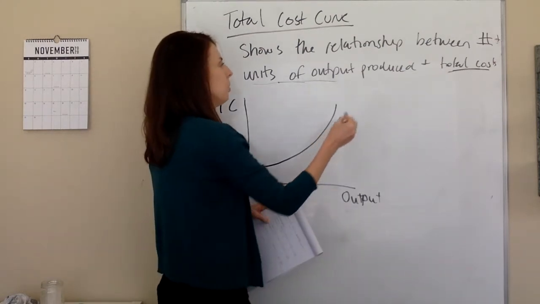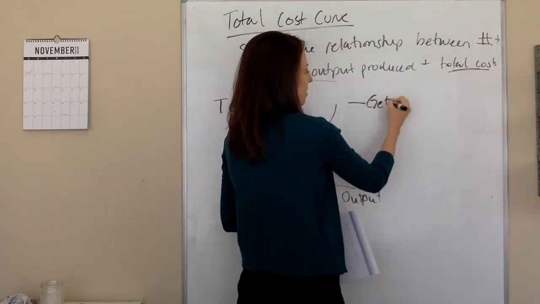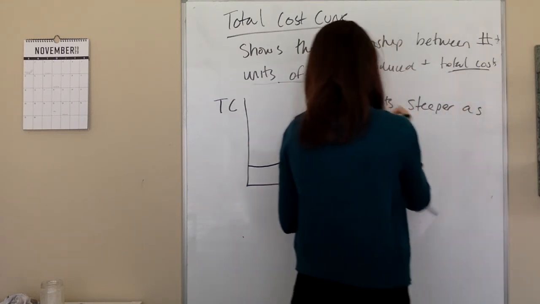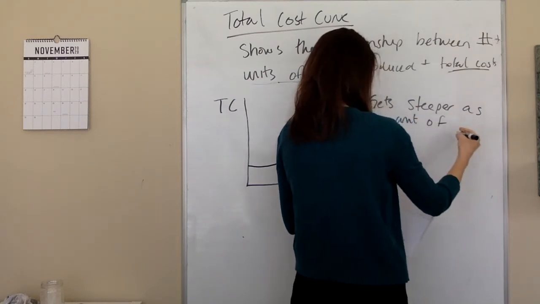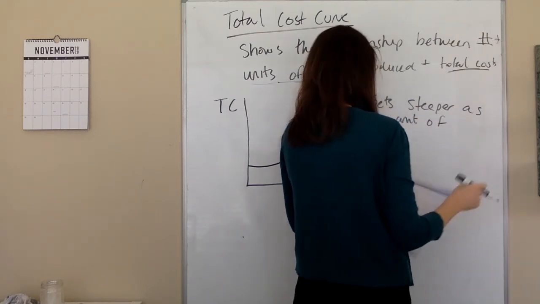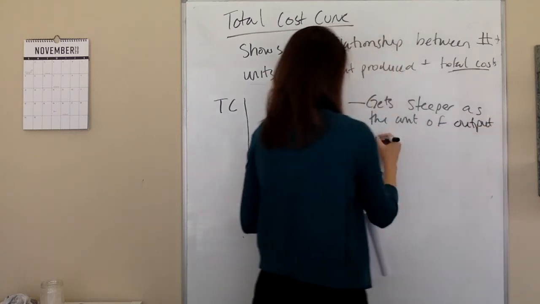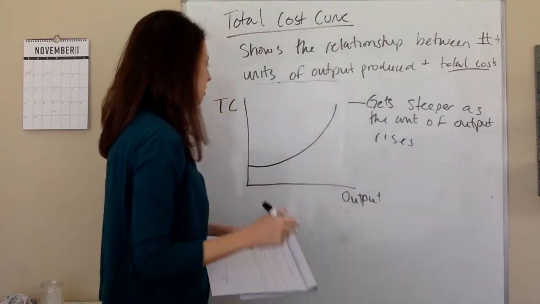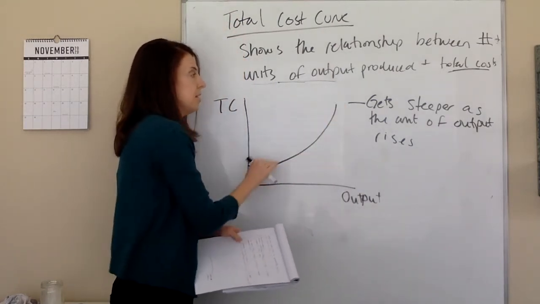Okay, so an important thing to know about total cost curve is that it gets steeper as the amount of output rises. And you see this by the convexity of the total cost curve.